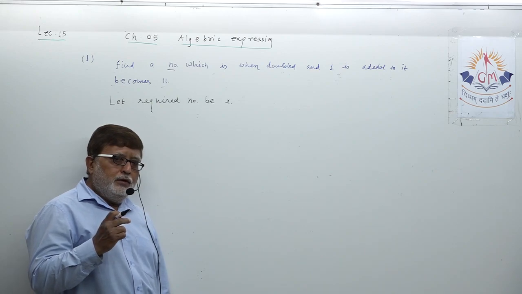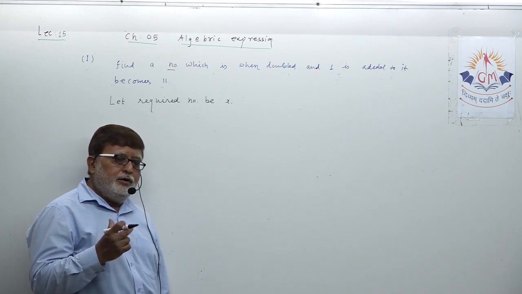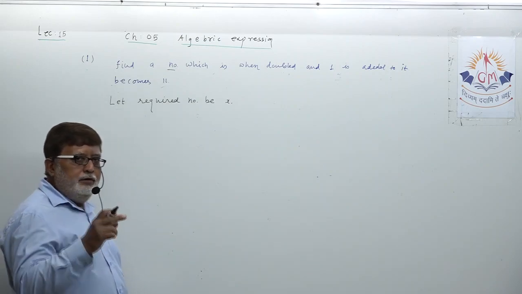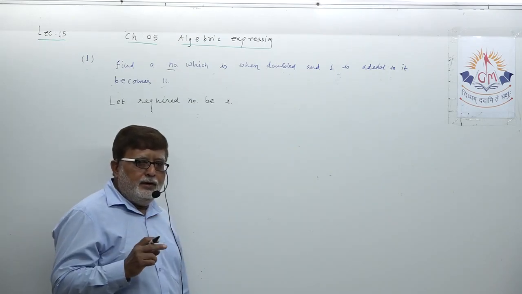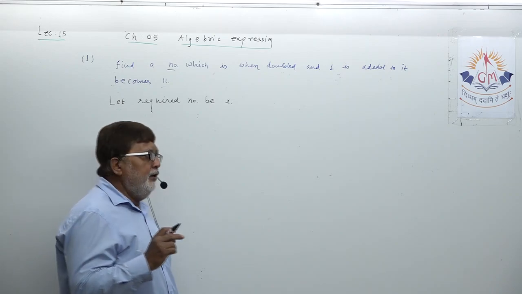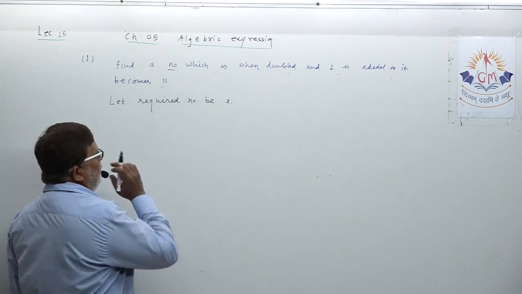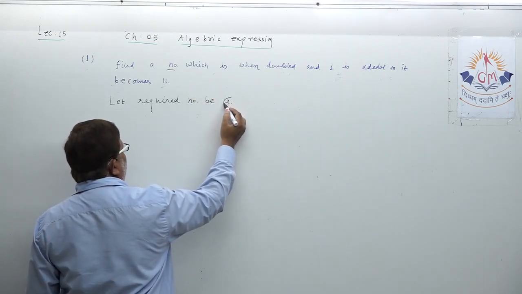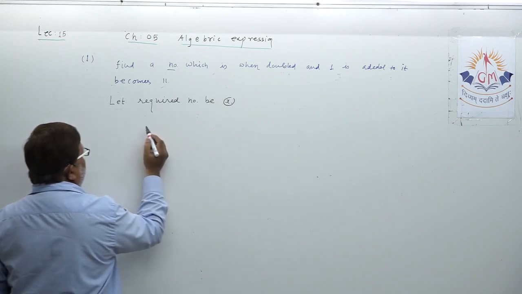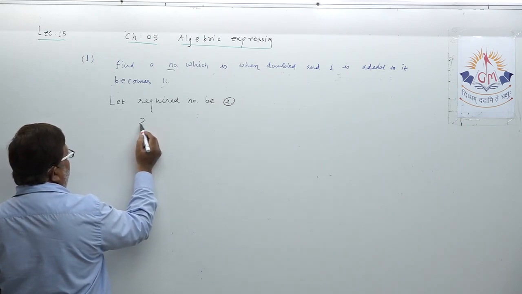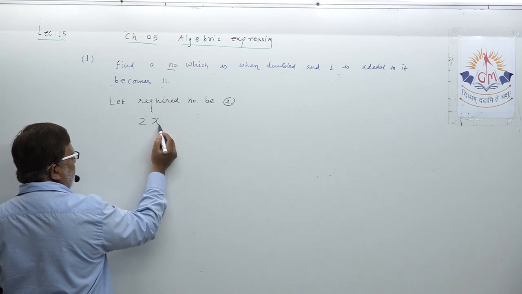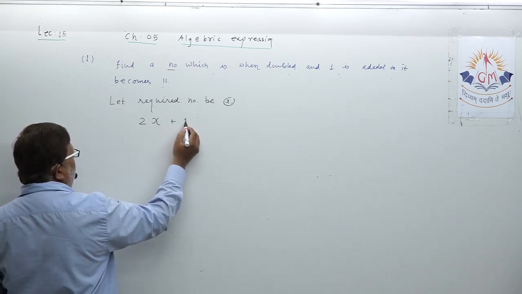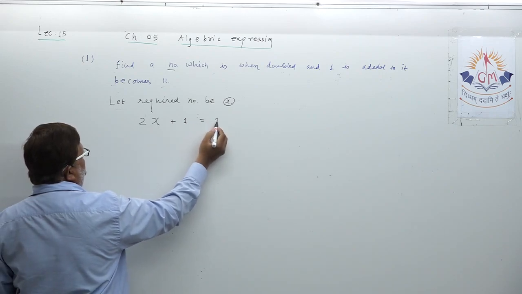For generating a linear equation from the given condition, you have to understand and analyze each and every word. What is said: when doubled. The number I have supposed as x, so if I double it, you all know it becomes 2x. Understood? And 1 is added. Added means plus 1. Then it becomes 11.